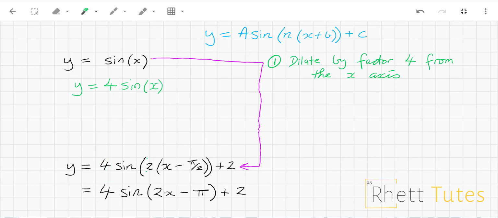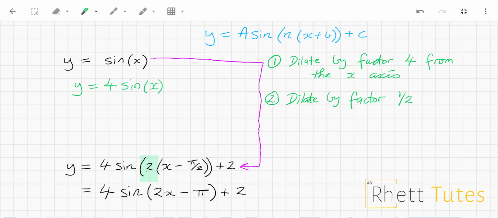The second transformation, so that's now looking at the n. So I'm going to dilate by factor, now it's 1 over 2.